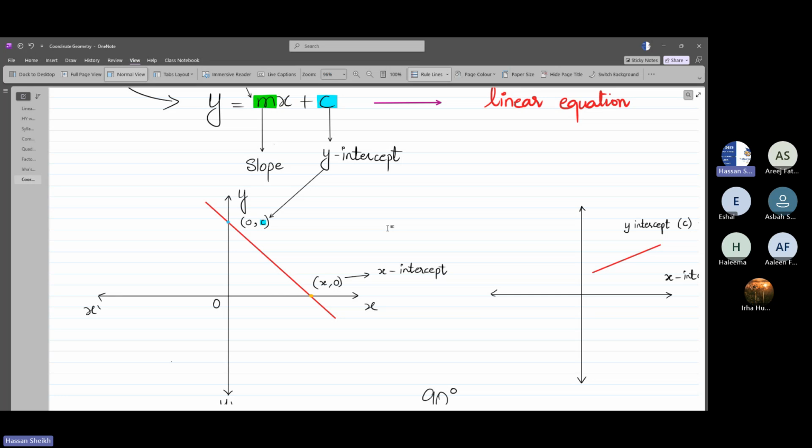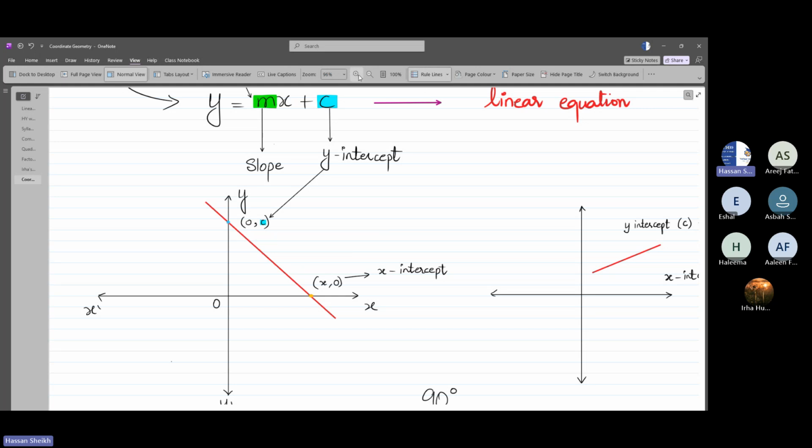And to find the x-intercept, we do vice versa. We substitute y as 0 because on the x-axis all the y coordinates are 0. So the x-intercept means where the line cuts the x-axis, and the y-intercept means where the line cuts the y-axis.